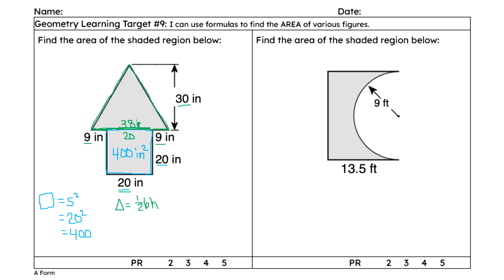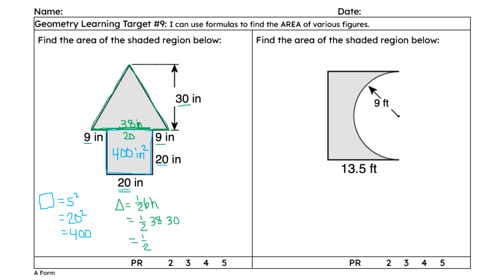So now we have the base and the height of the triangle. We can find the area by taking half of whatever the base times the height is. So that's going to be 1/2 of your base, which is 38, times your height, which is 30. So let's see what 38 times 30 is, and then I'm going to take half of that.